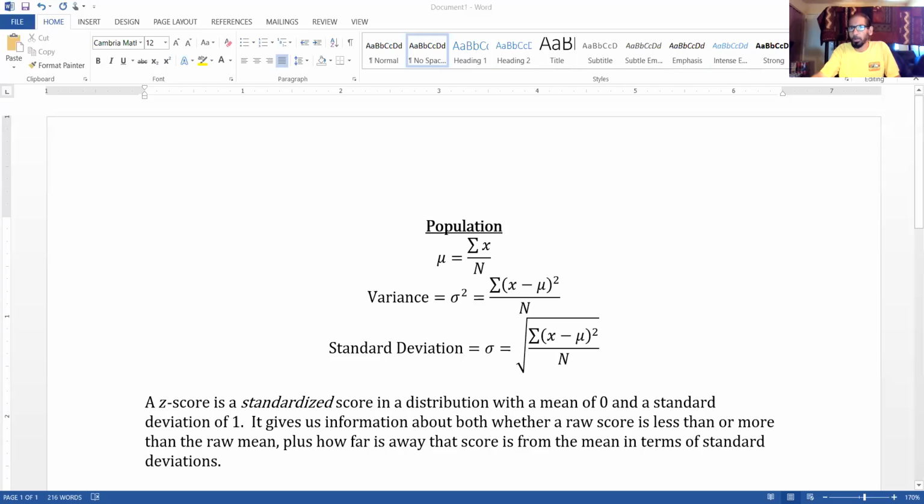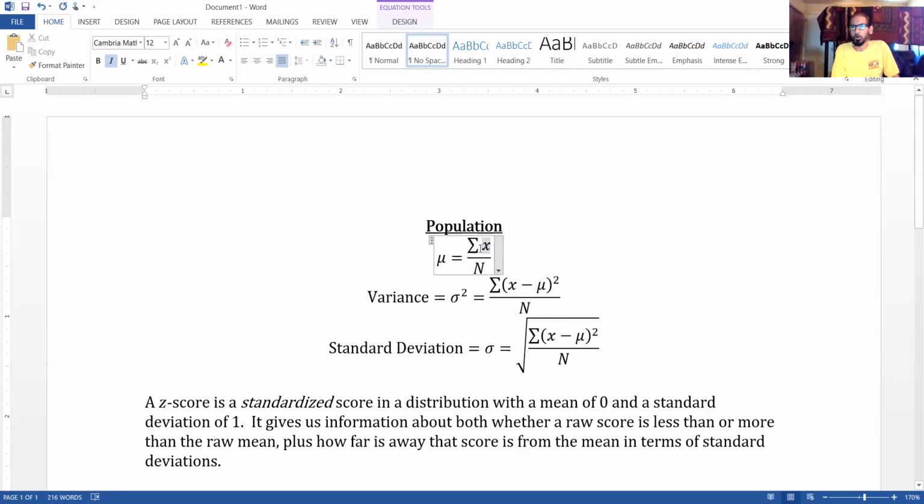So what I want to talk to you about first is something called a z-score. As a reminder, when you're talking about a population, to find the mean, you add up all the scores and then divide by the number of scores. Well, this sum, remember that's the symbol capital sigma there in front of the x, short for score.